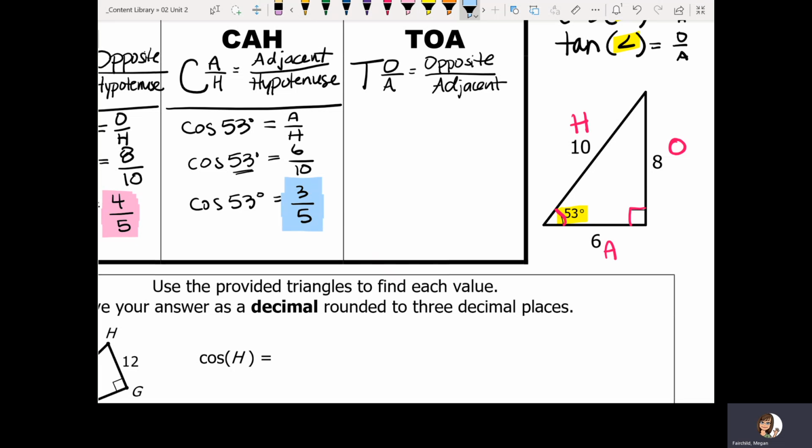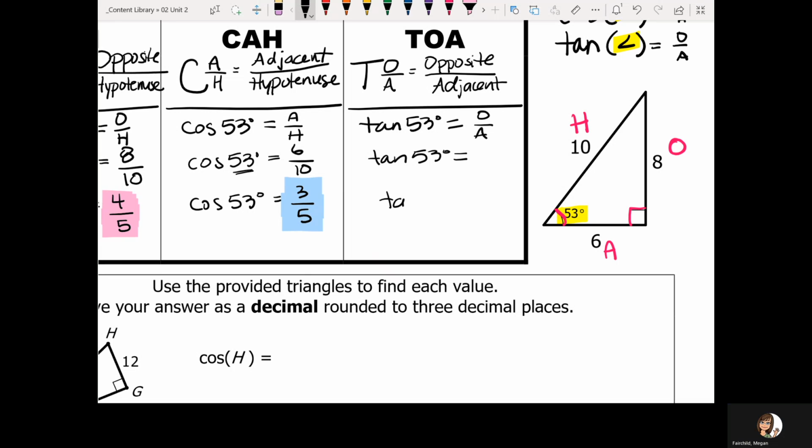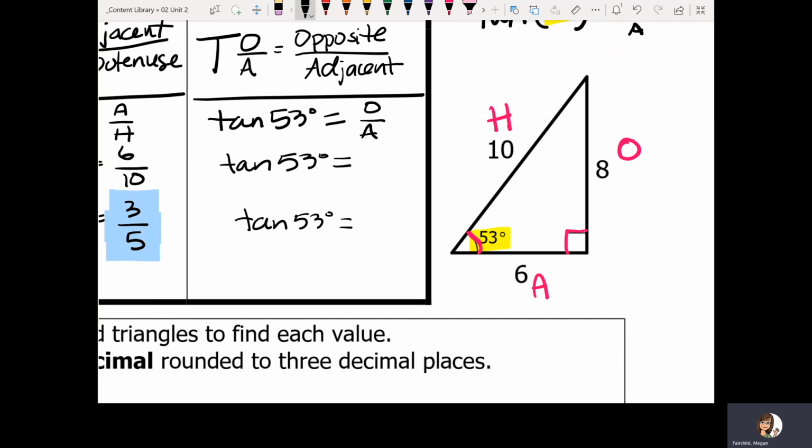All right, go ahead and try the last one yourself. Do tangent. All right, Piper, what'd you get for your first fraction before you simplified it? 8 over 6.